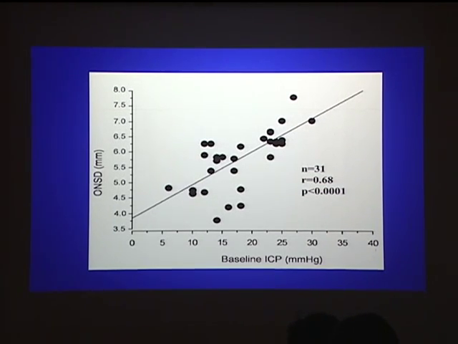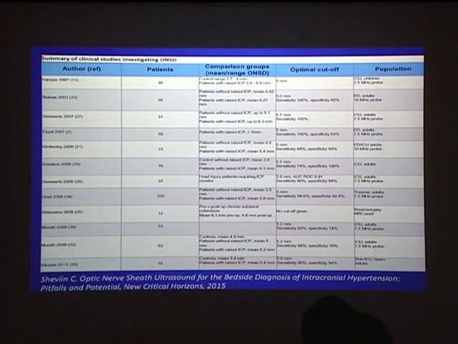But again, be very careful about that. Anyway, we could confirm that if you have a value above 6 millimeters, 6.5 millimeters, you are very likely to find yourself above this value, clearly stating an intracranial pressure state.